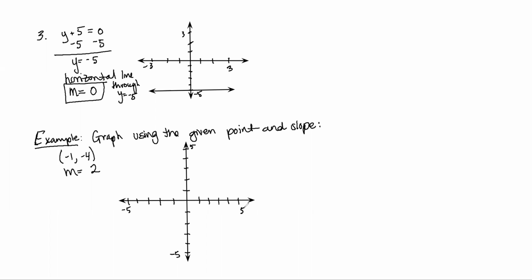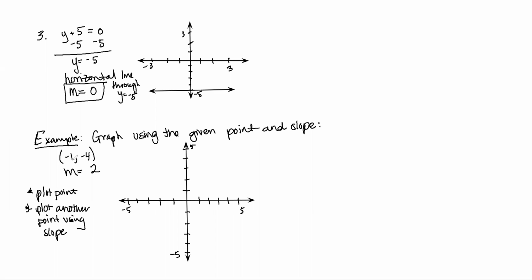And now if we go ahead and plot the point first, kind of like when you graph the line, you plot the y-intercept first. So we're going to plot the point, and then we're going to plot another point using the slope, just like we did in the last examples. Except this time we're using a point that's not the y-intercept.